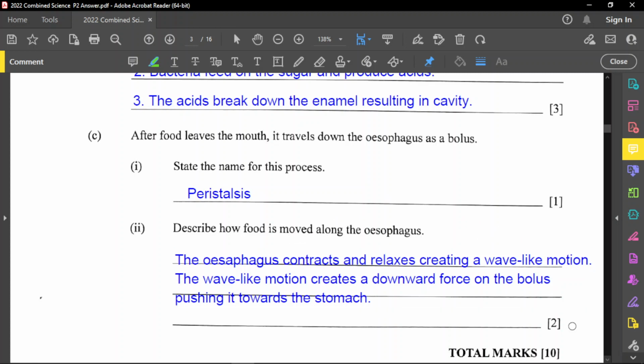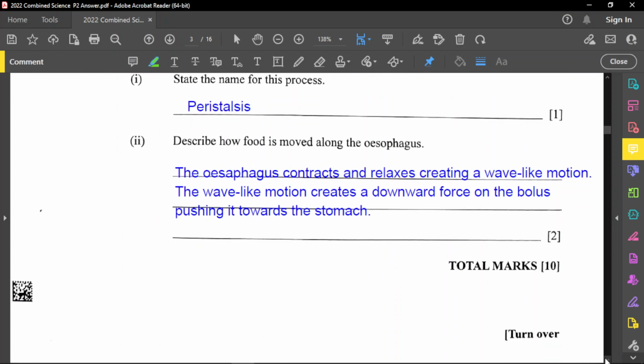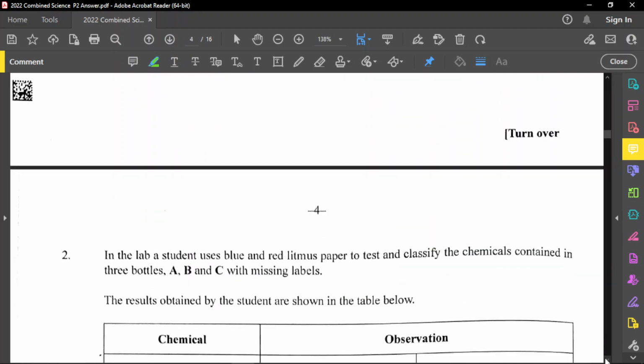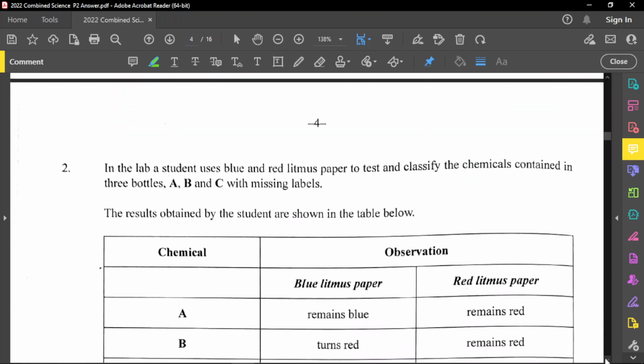So this is actually defining or explaining the process of peristalsis. What happens here is the esophagus contracts and relaxes, creating what they call a wave-like motion, and the wave-like motion will create a downward force on the bolus, pushing it towards the stomach. You can check out some diagrams for peristalsis. You actually see the esophagus going in and out.